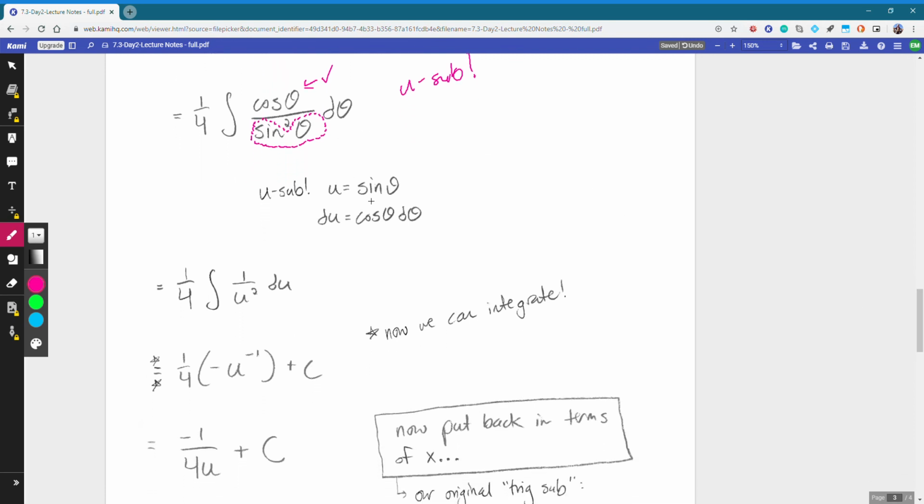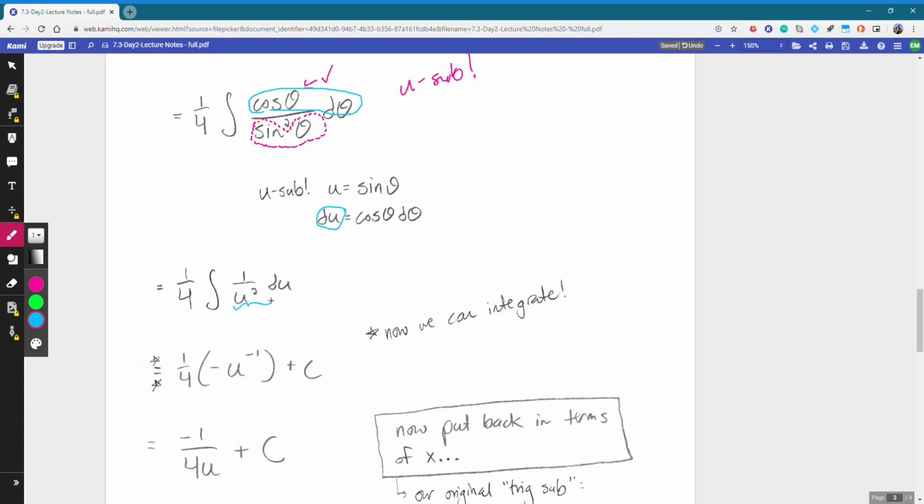All right, so working through that, here's our u and our du. Down at the bottom, this is going to become u squared, and then our cosine theta d theta, that just is going to become du. All right, now what we're left with is looking much more manageable, and in fact we can integrate this.